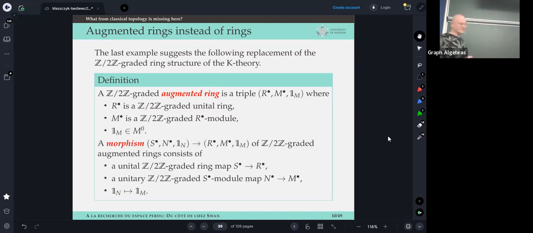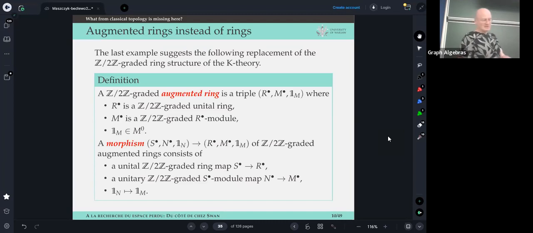And a morphism of such triples consists of a unitary Z2 graded ring map between these rings, and then a unitary Z2 graded S module map between these modules. So by this ring homomorphism from S to R, we can think about M as an S module.